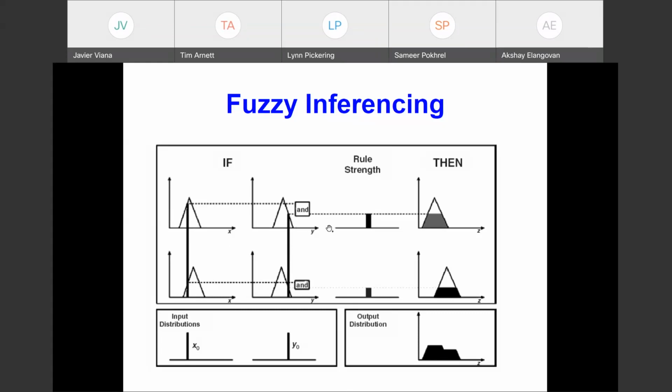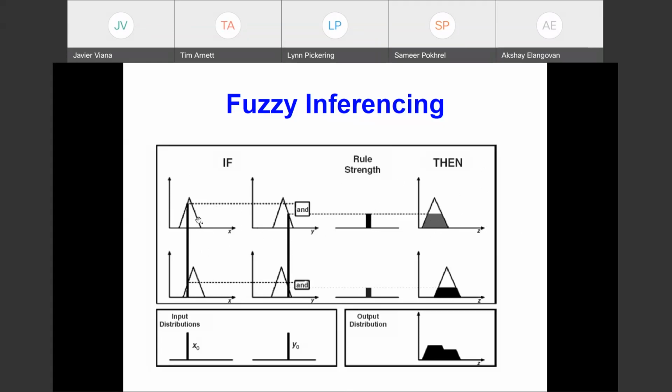So this represents a single rule that is firing. And this single rule is saying if X is whatever this membership function is, and Y is whatever this one is, then whatever this output membership function is. Notice that this is a different set of fuzzy sets. This is Z, our output.